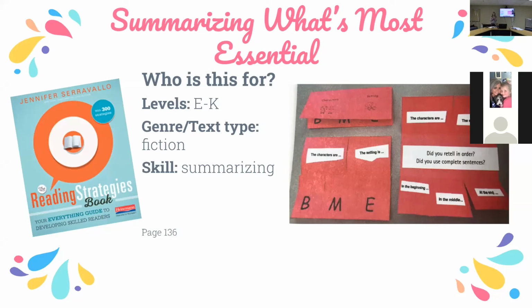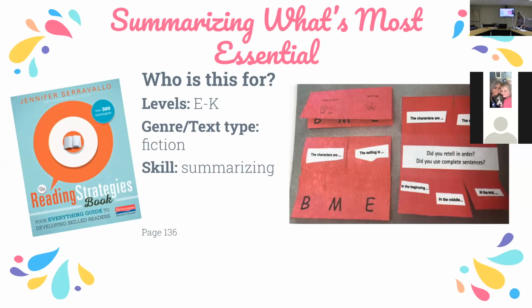And I chose this one, like I said, with comprehension, we could do key ideas and main idea and key details, different ones. And I did summarizing because I know a lot of times, students are asked to summarize text a lot. This is in your reading strategies book, page 136.